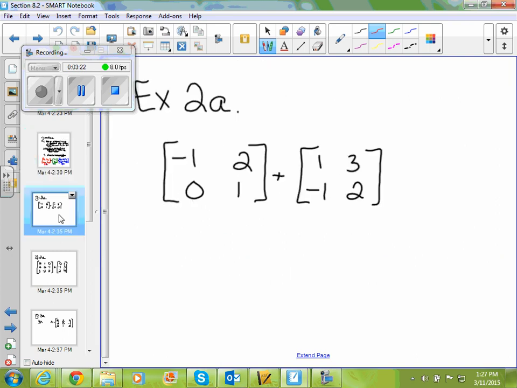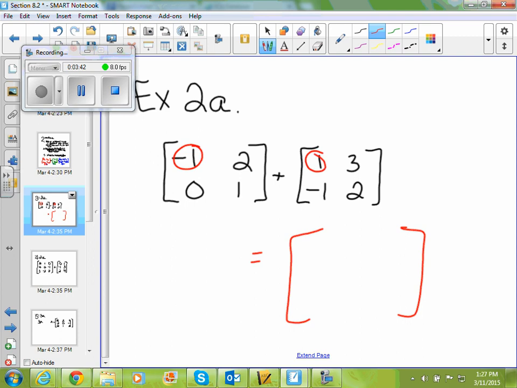So the first thing we're going to look at is adding some matrices. Since these matrices have the same order, they're the same size, we can add them by just adding our corresponding parts. So our matrix is going to stay a 2 by 2 matrix because that's what they started out as. So we just add our corresponding parts.